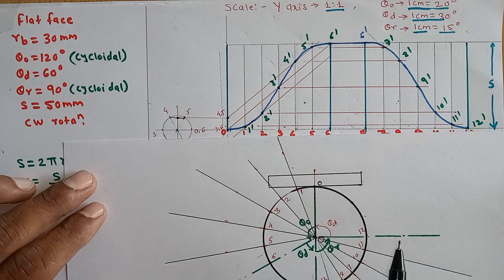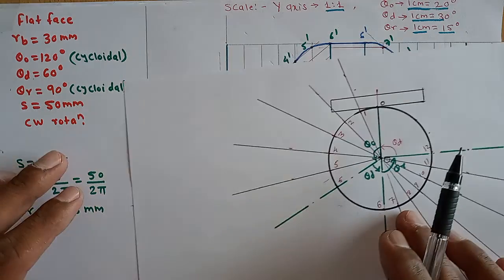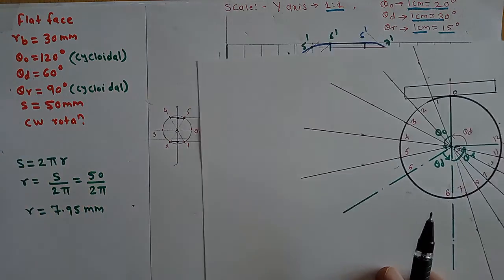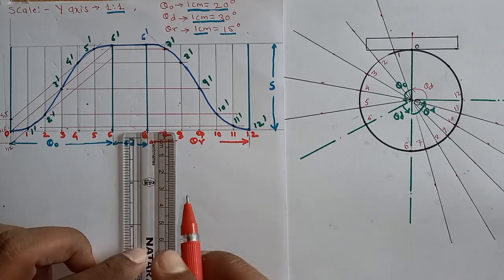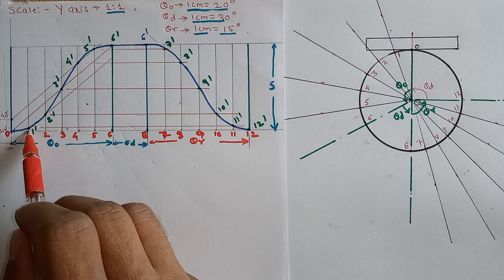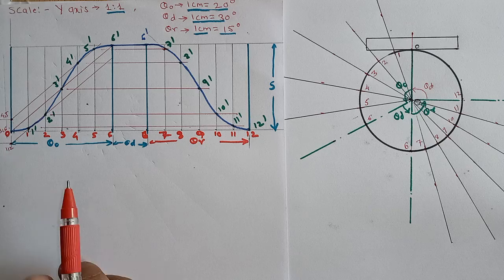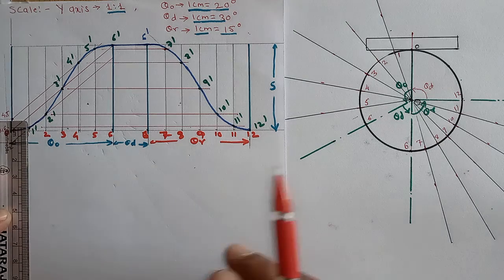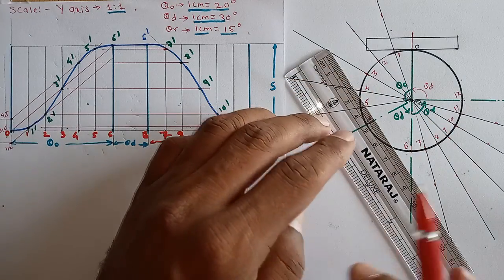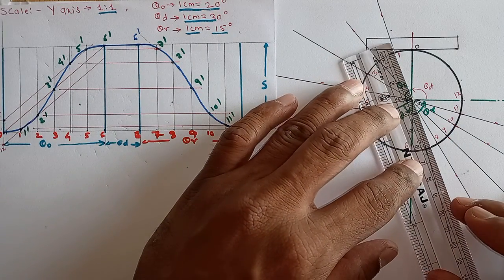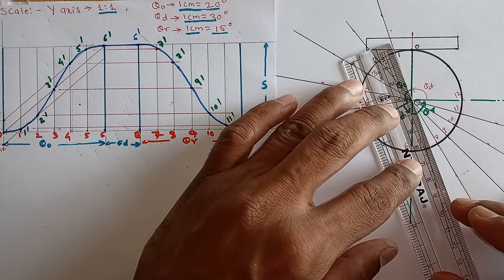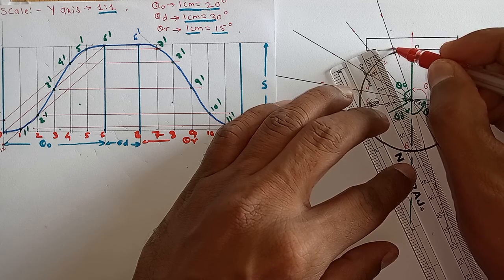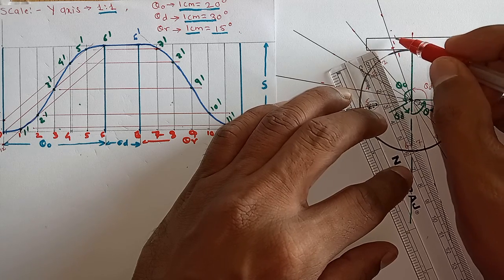So let us plot those displacements. So at instance number 1 the displacement of follower is 1 to 1 dash, and that is equal to 2 millimeters. So we'll plot that corresponding displacement in cam profile diagram. So it is 2 millimeters, 1 to 1 dash.